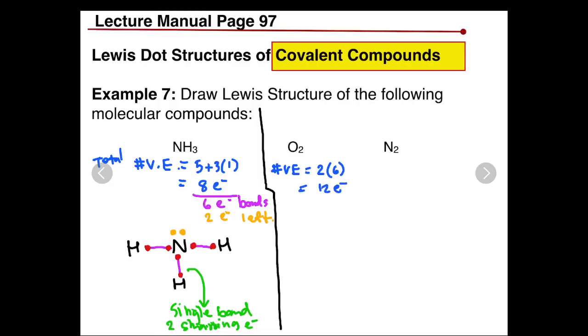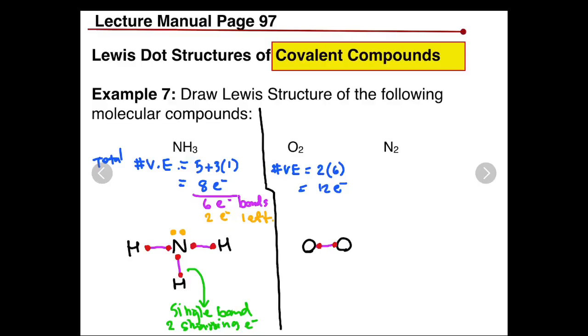Since we have 2 identical elements, I'm just going to put them side by side. I'm going to start with a single bond first, so we are sharing 2 electrons between these 2 atoms.